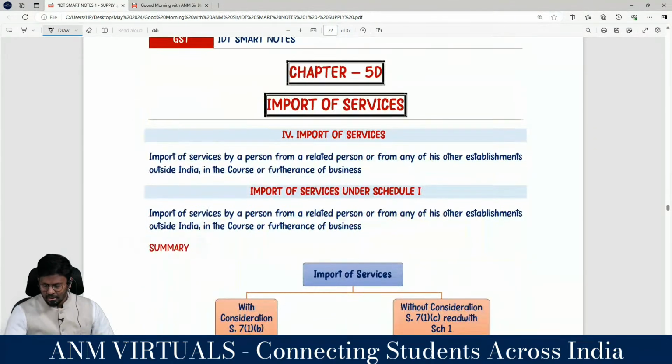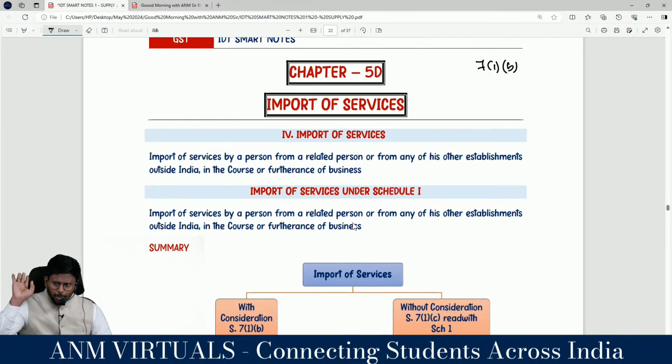Appreciate பண்றியா? Sir, come to the importation of services. Already section 7 subsection 1 clause B இருந்துச்சா? Importation of services for a consideration whether or not in the course of furtherance of business is a supply. Hello?